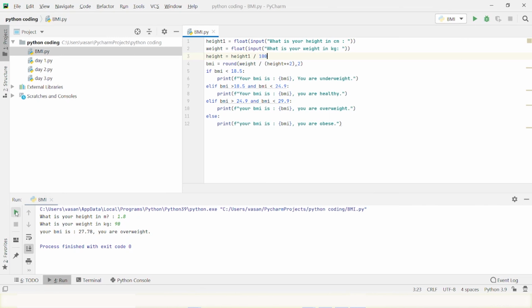Let's try something like 150 centimeters and 50 kgs. Okay, 22.22. Usually you can use centimeters or meters as you wish.